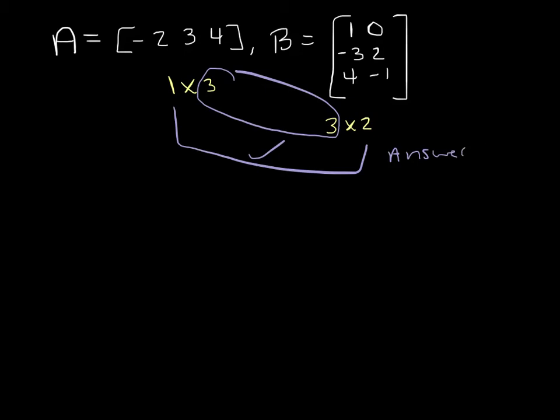You don't have to write this out, I just want to indicate it so that you can prepare. So AB would be a 1 by 2, so 1 row, 2 columns.